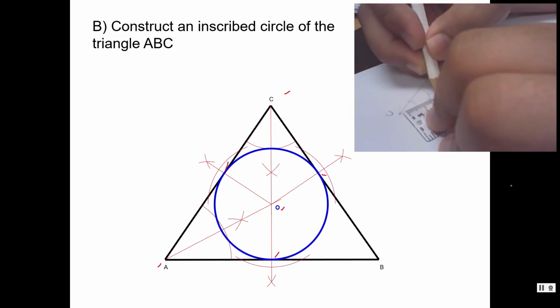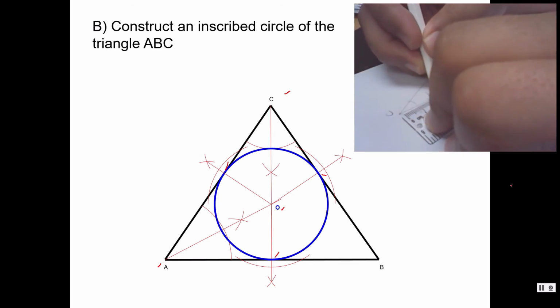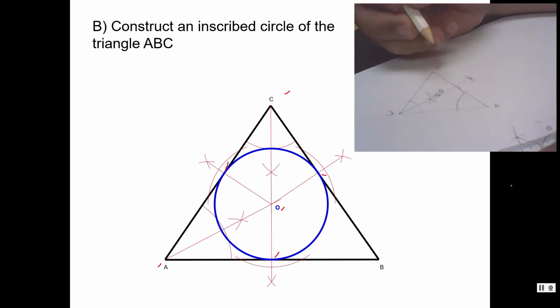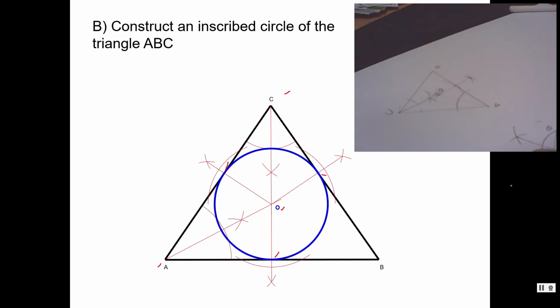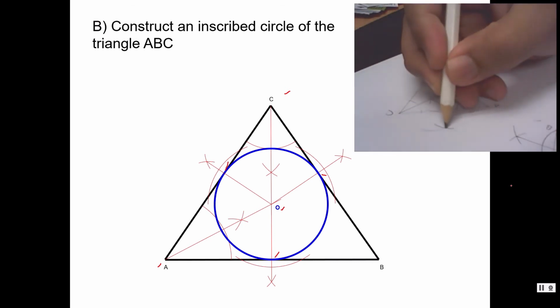From point O, just going to draw one straight line here. So this is the point that is going to touch the first point, and then after that from here draw another circle, and then again do the same from this one and from this one. You got this point.